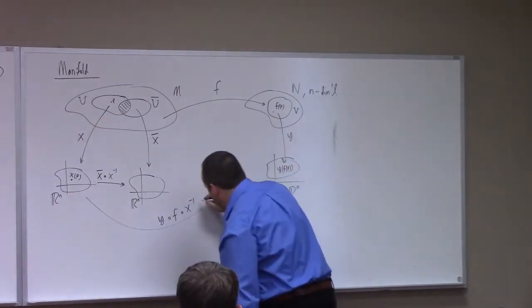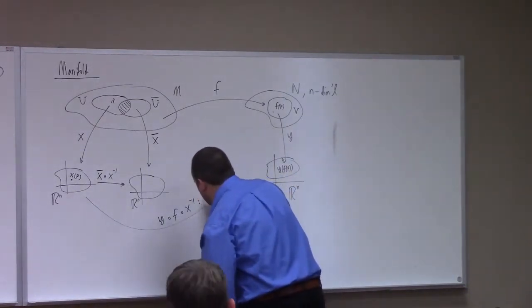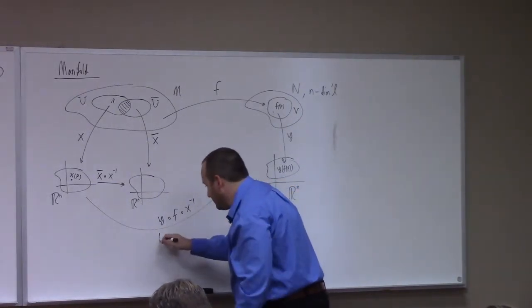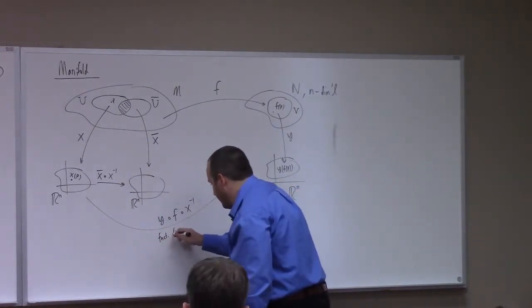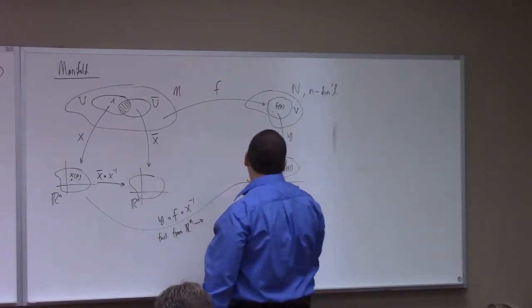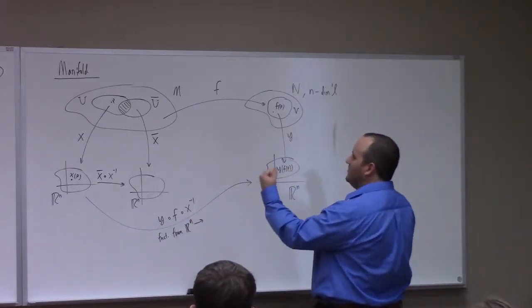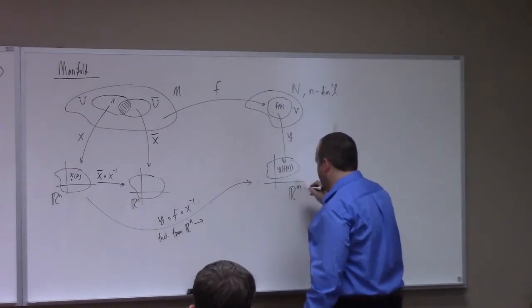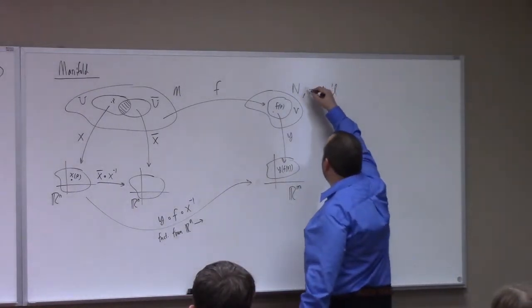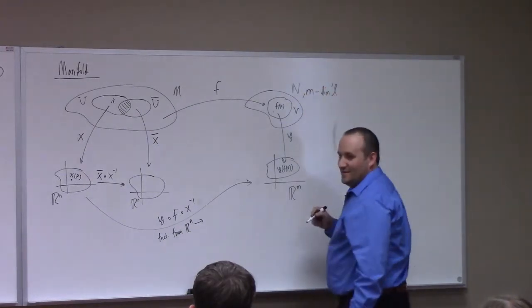And this, folks, is a function from Rn to Rm. Oh, that seems so wrong, doesn't it? N is m-dimensional, M is n-dimensional.